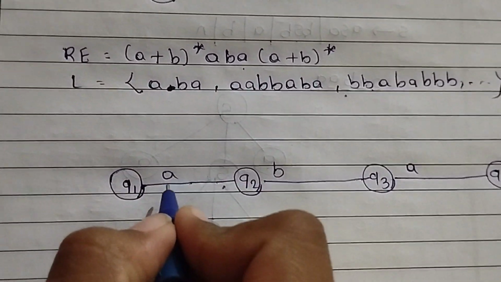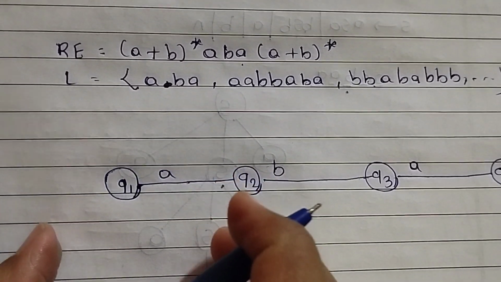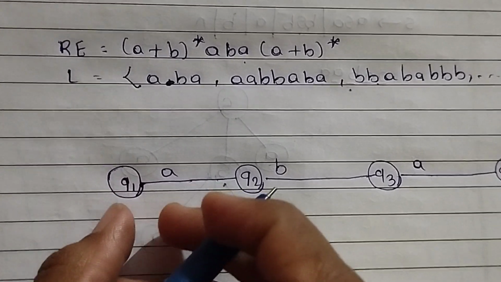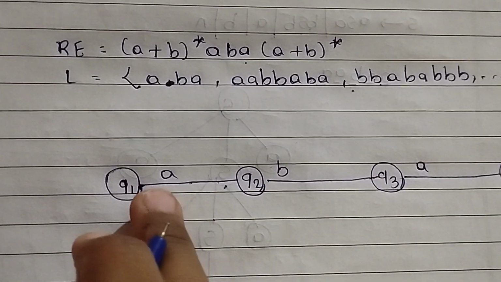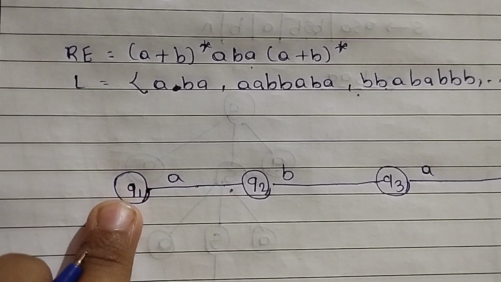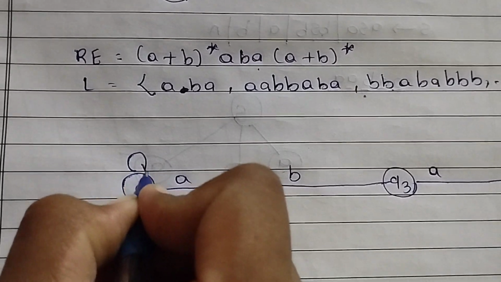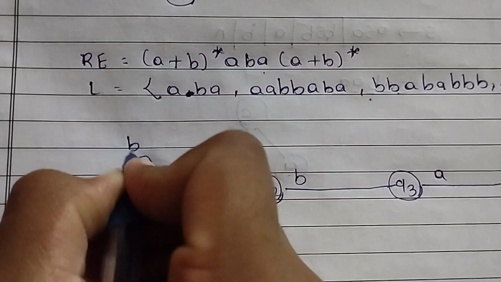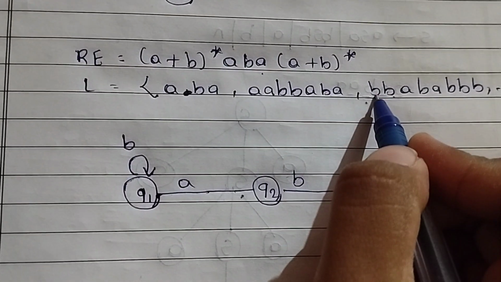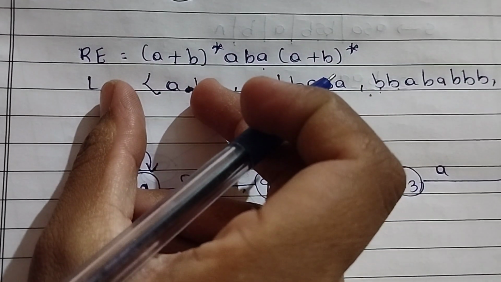Now, for the DFA, from each state both symbols must transfer. From Q1, if A goes forward, then B is also present here. So where do we transfer this B? We transfer this B to itself, because the string can start with A or with B, since n number of symbols can be present before the substring.